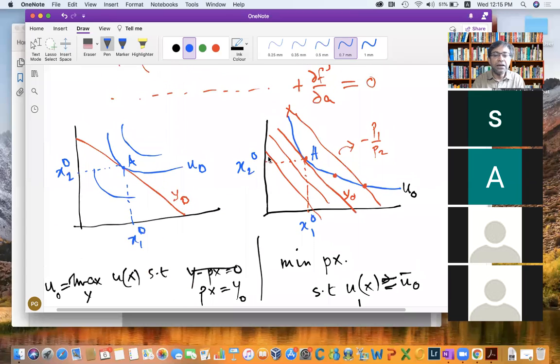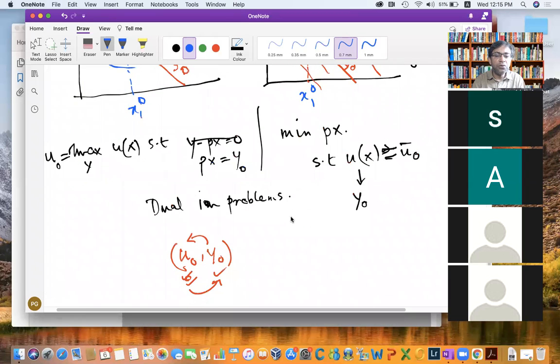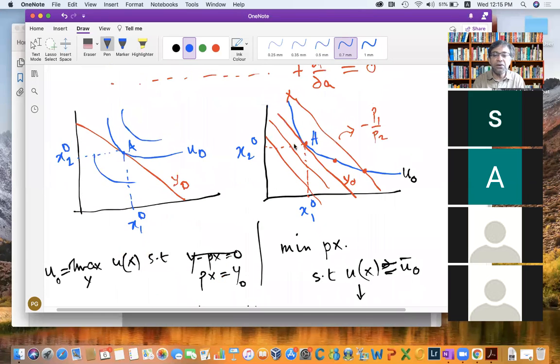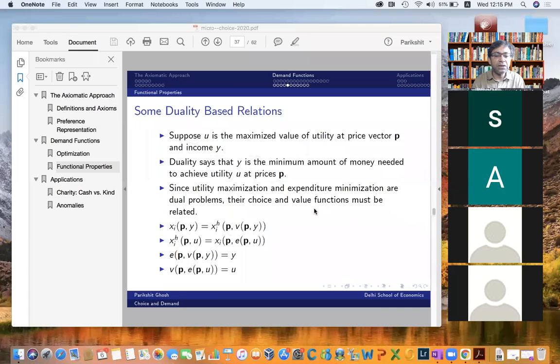Once you use this pair in the constraints of the two problems, you get the same point of tangency as the solution.